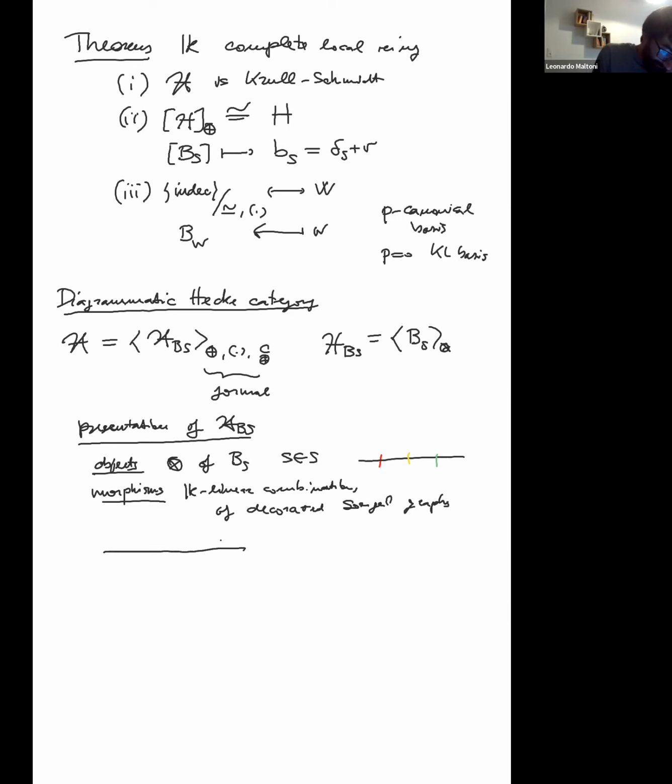So we have two objects. We represent the source on the bottom and the target on top. And we want to construct a colored graph connecting these two sequences of points, where we allow some kinds of vertices. The generating vertices are dots and trivalent vertices for each color.